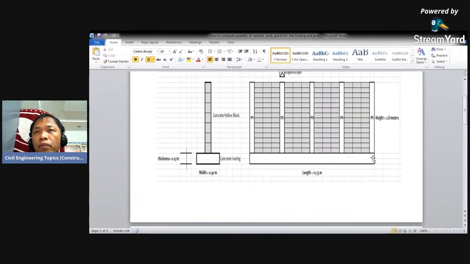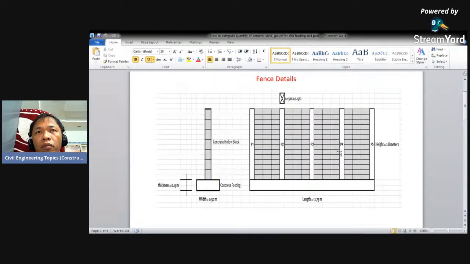So next we will compute the volume of the post. Kung bilangin natin yung post dito ay 5. 1, 2, 3, 4, 5. So there are 5 posts. The size is 0.15 by 0.15.